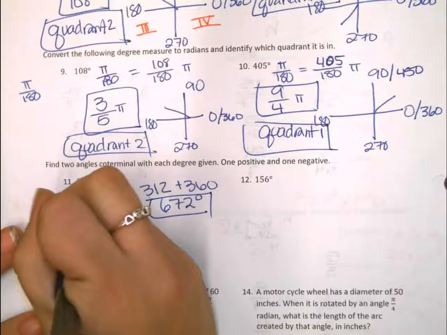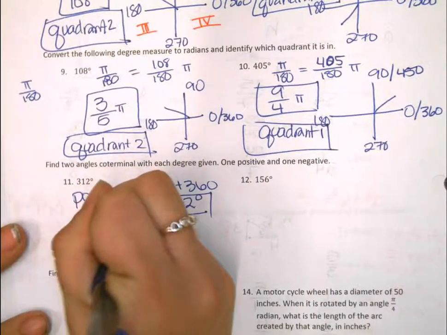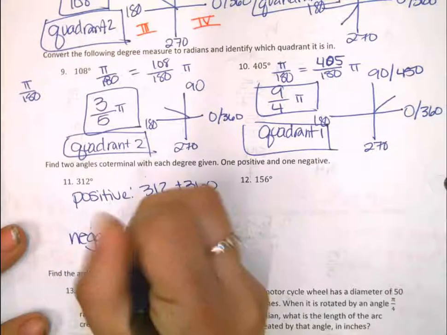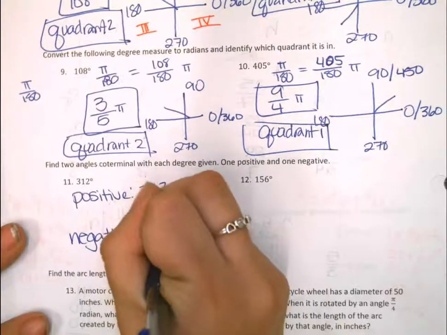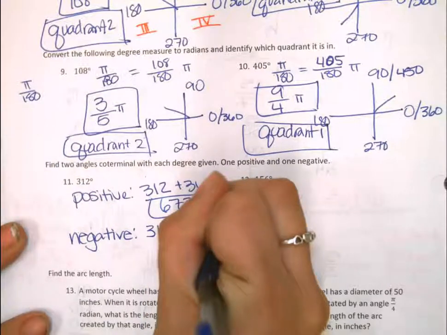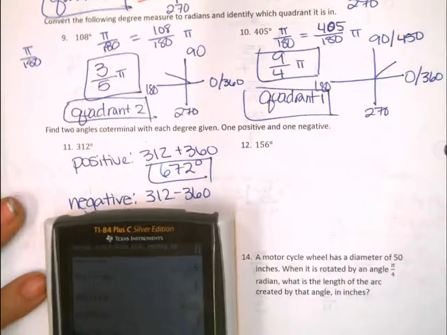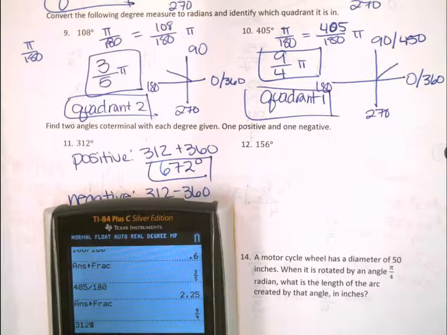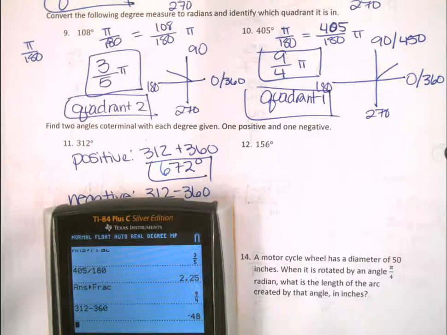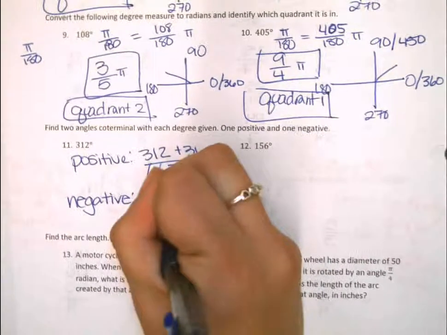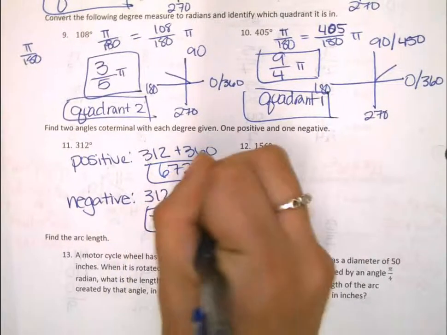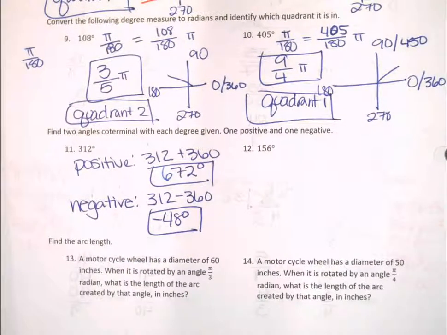And then for the negative, I subtract 360 from this. I'm going to do 312 minus 360. I do not know that one in my head, so I'm not going to do it in my head. 312 minus 360 gives me negative 48. So when I get my negative coterminal angle, it should be negative. If I subtract and it's still positive, I subtract again.